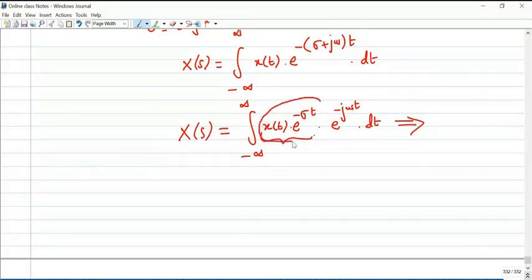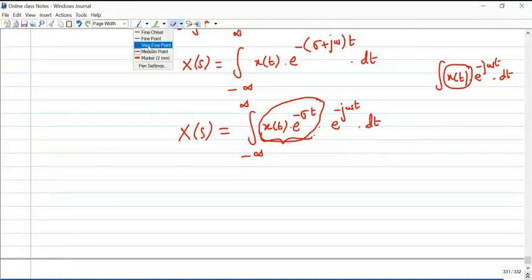If you find the Fourier transform of x of t e power minus sigma t, that is your Laplace transform. We know the formula for the Fourier transform, in general, x of t e power minus j omega t dt. So if you want to find the Laplace transform of x of t, that is similar to the Fourier transform of x of t dot e power minus sigma t.